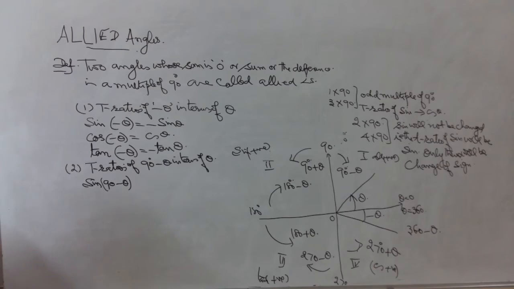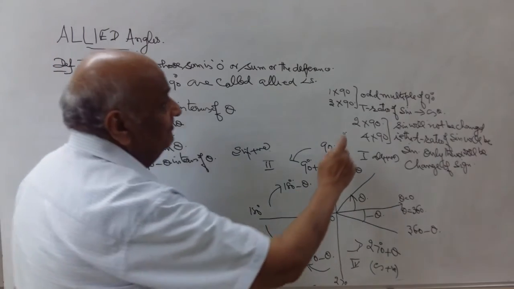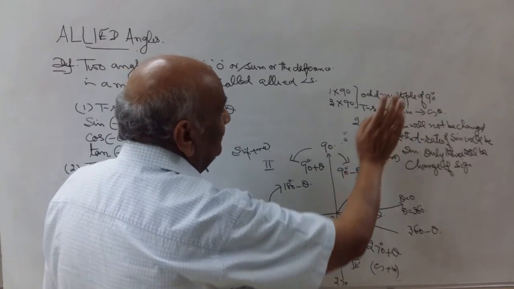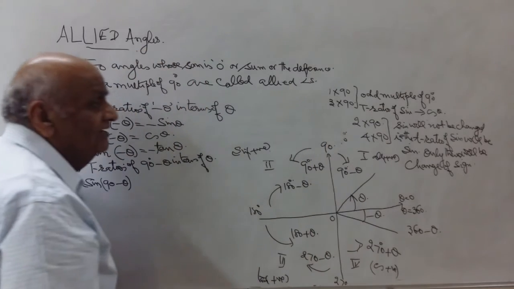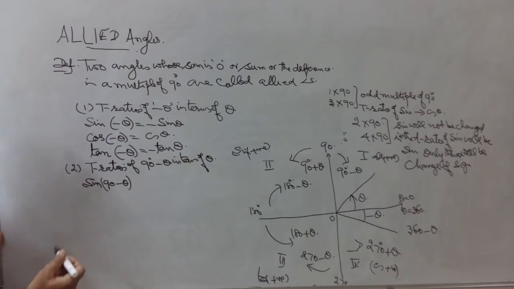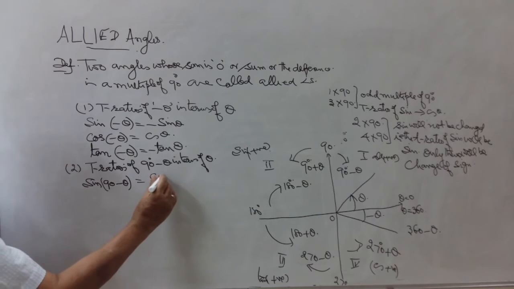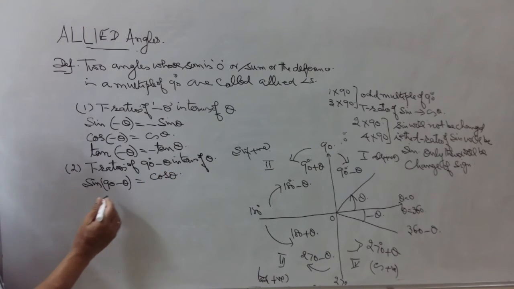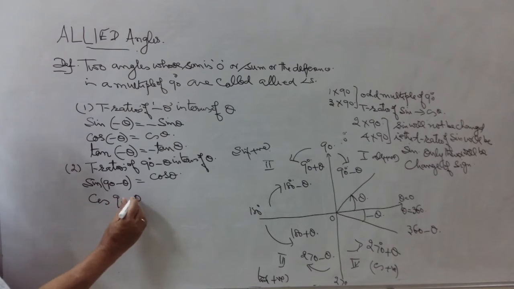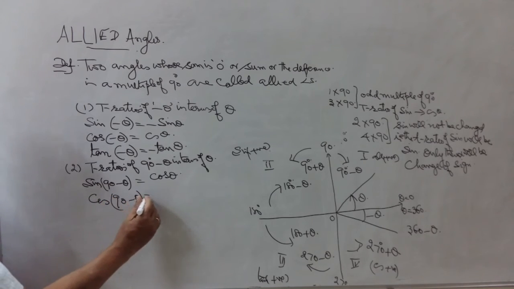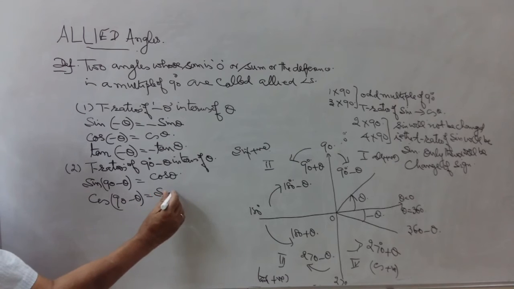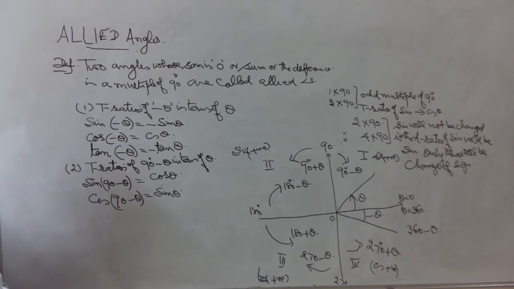Moreover, what we have written is that if it is an odd multiple of 90, the t ratio of sine will change to cos. That is, sine 90 minus theta is cos theta. Similarly, cos 90 minus theta will be changed to sine theta, but all will be positive, as you know, it is in the first quadrant.